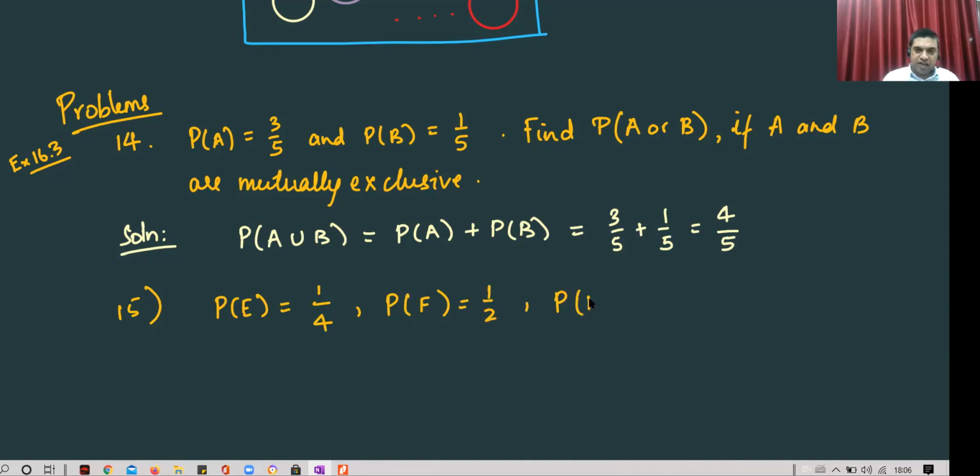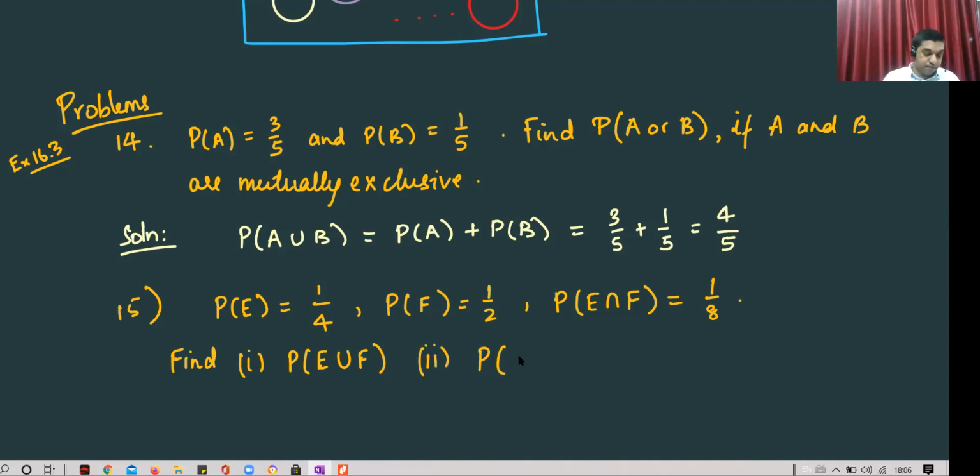And P of E and F, that is E intersection F, is 1 upon 8. Find P of E or F, that is P of E union F, and P of not E and not F.